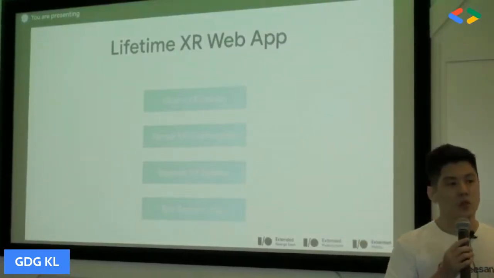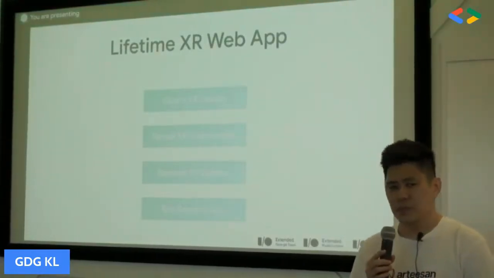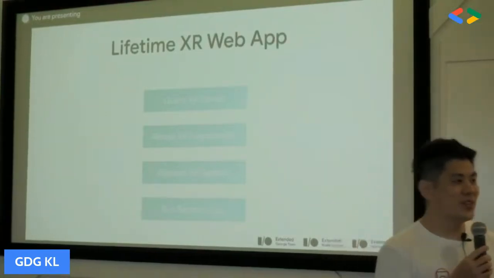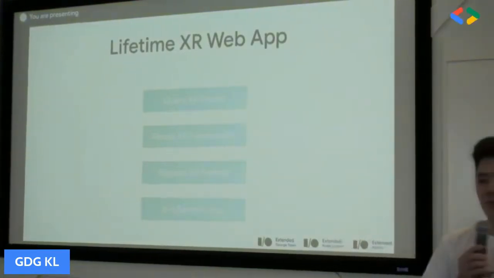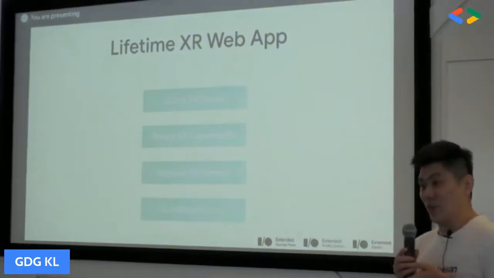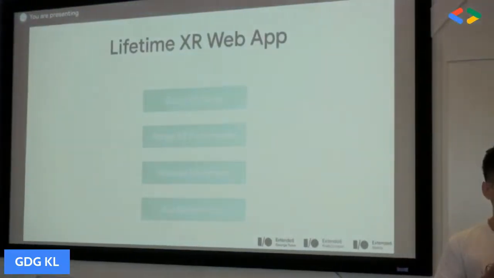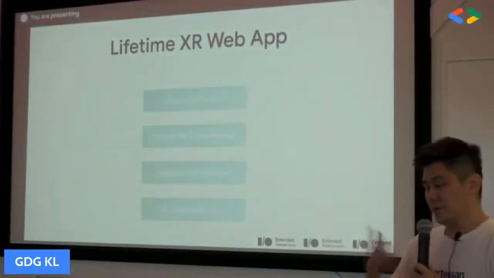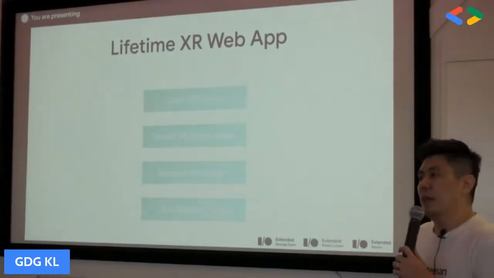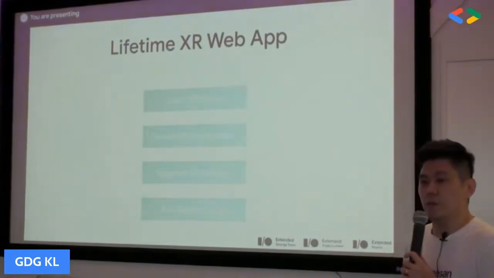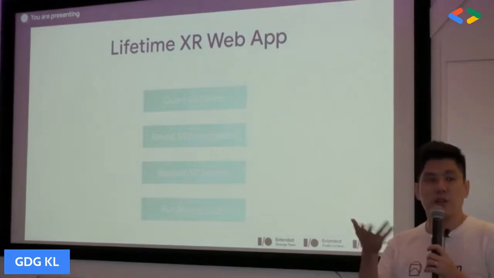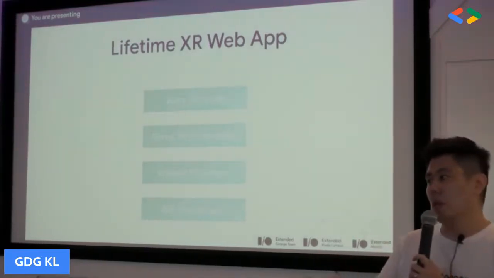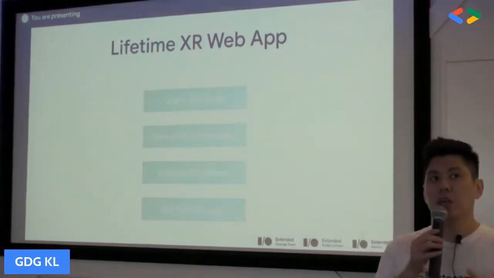So you have to query the features. The old way of doing this has always been detecting the platform: if Chrome does this, if Safari does that, and so on. But I suppose as web developers, we know now that the best way to do this is feature detection. So just check that navigator.xr is available, then you can start to render the XR functionality.